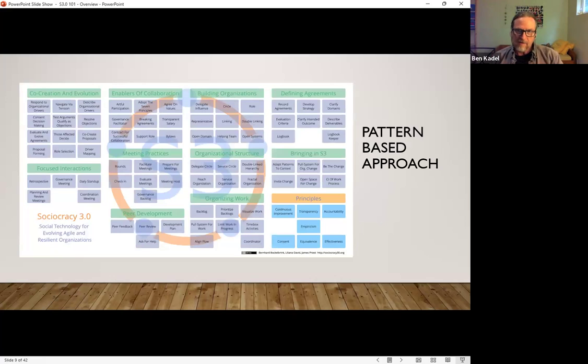As I said at the very beginning, it's also what's known as a pattern language. And what that means basically is rather than trying to invent some sort of new system, what sociocracy has done over the years is look at groups that are collaborating well and notice what they're doing and what they seem to have in common.